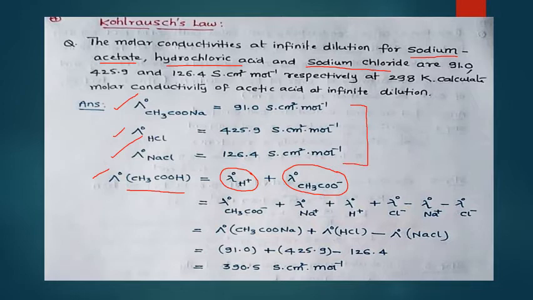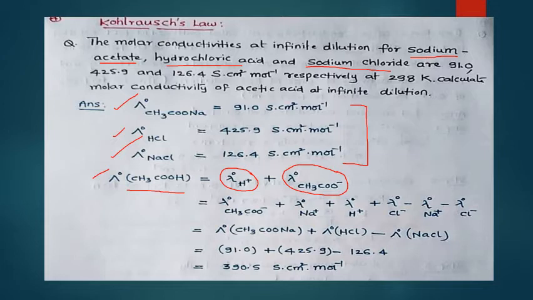First one, lambda H plus is there, so we need lambda H plus. That means ionic conductance we need. Where is it present? In HCl. So split this one: lambda CH3COO minus plus lambda Na plus, lambda H plus, lambda Cl minus, like this. But here the main thing is where we have to put plus and where we have to put minus. That is the major problem in front of you.